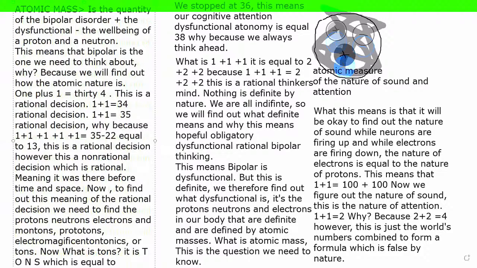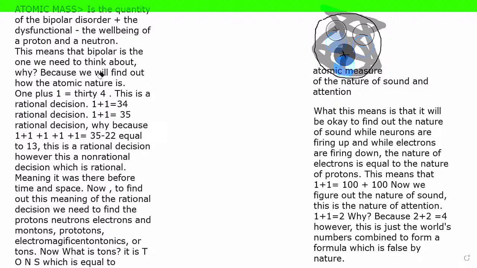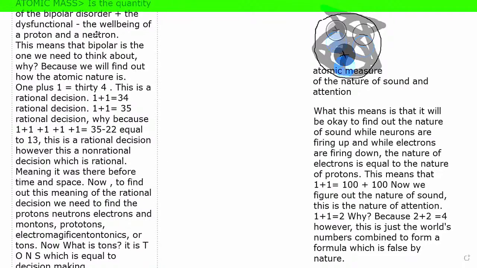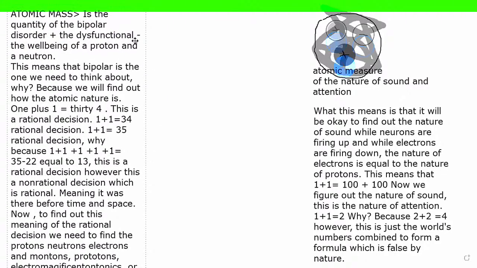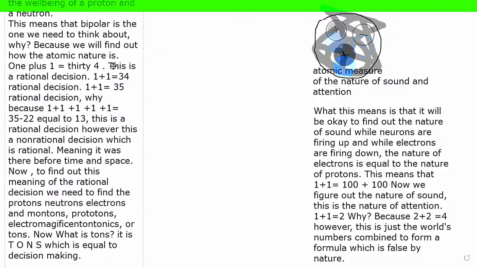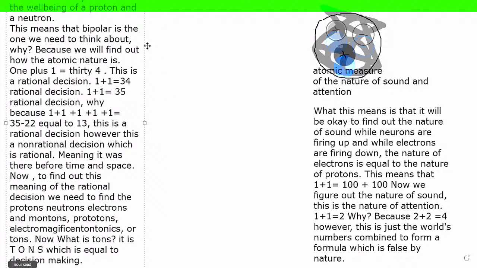Let me clear one of my okay. Let's see if I can do this. No, I can't. Anyways, let's just split it up. Okay, what is tons? It is tons, T-O-N-S, which is equal to decision making.